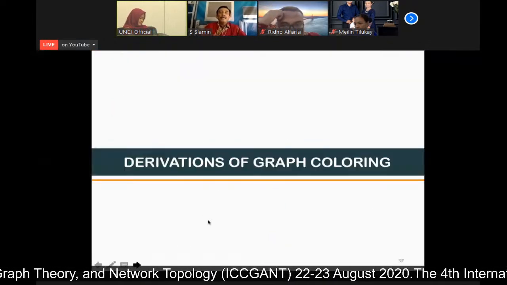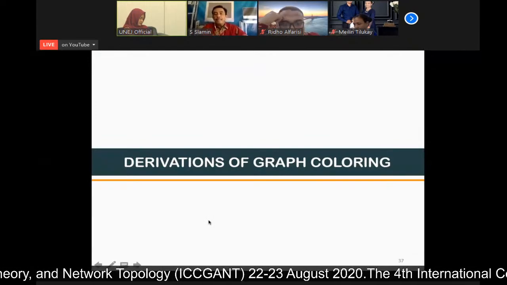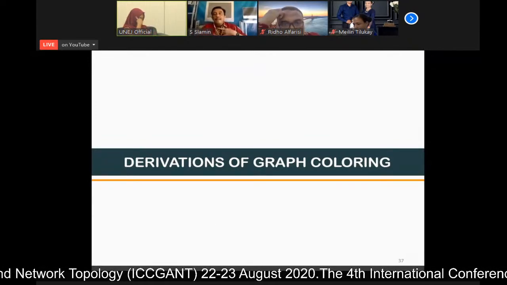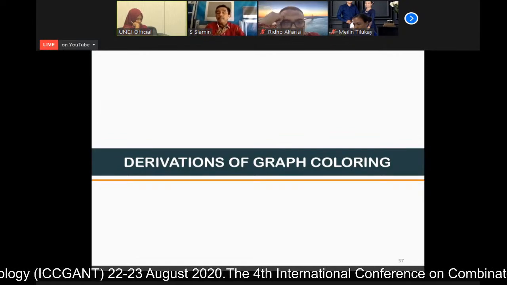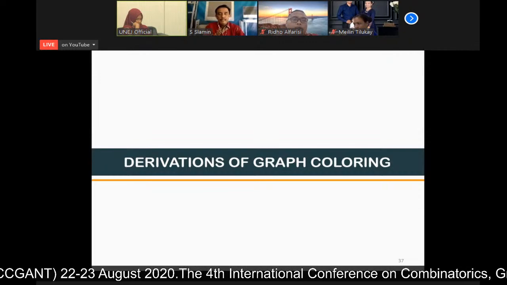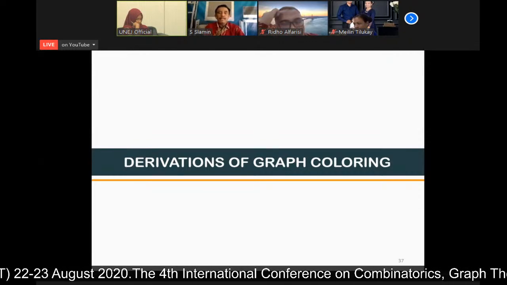Okay, and some people derive graph coloring using graph labeling. So I give you some definition for this derivation of graph coloring.